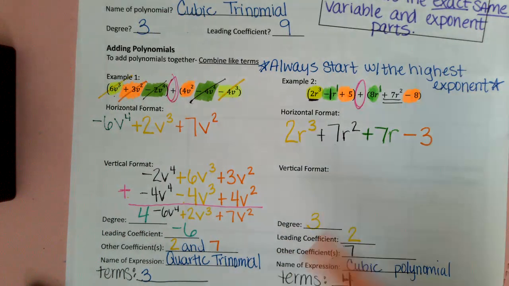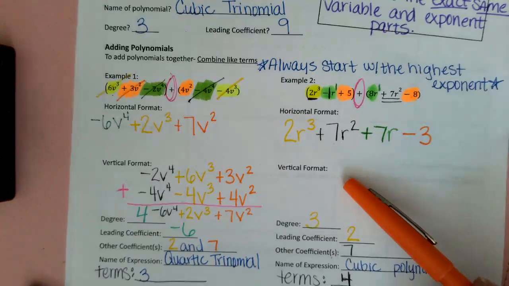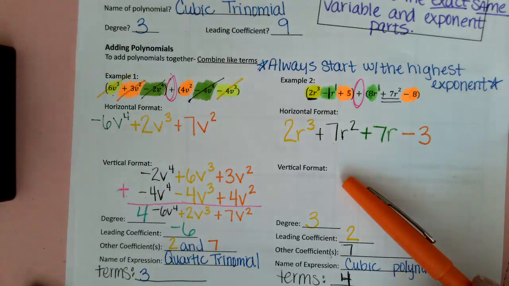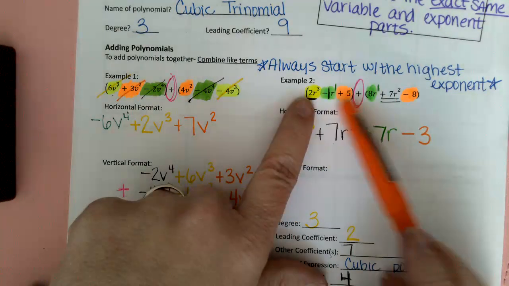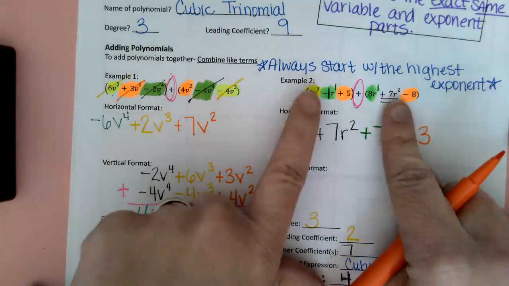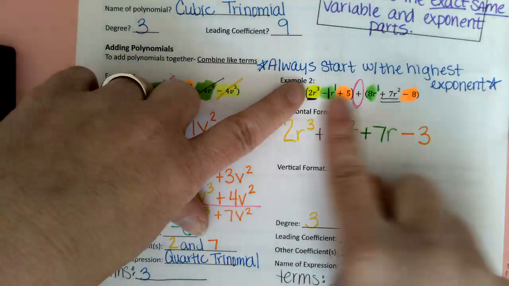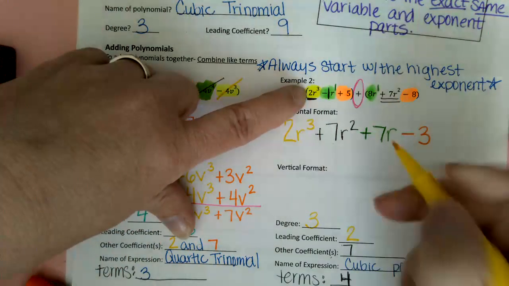Okay? Let's look at the vertical format on this one. This is where it starts getting a little bit crazy. So remember when we highlighted these, that we had 2 of them that wasn't like anything else? That's going to be key here. So my highest exponent on this one is a 3.